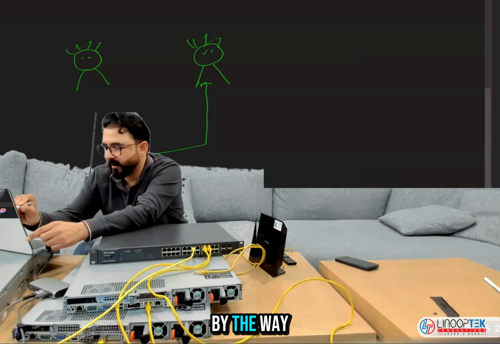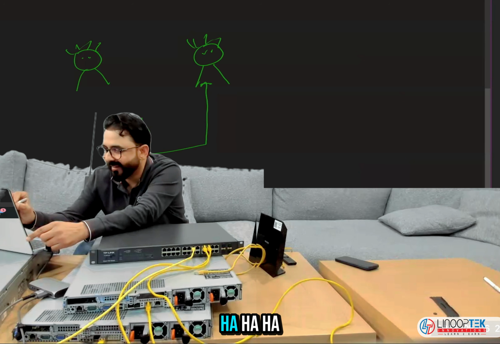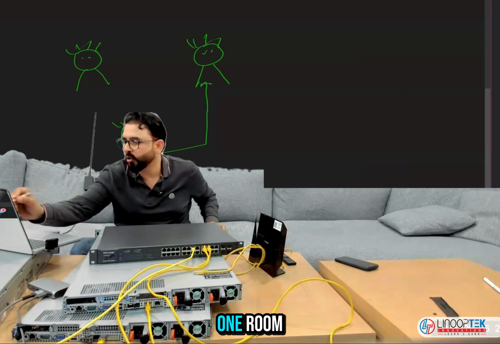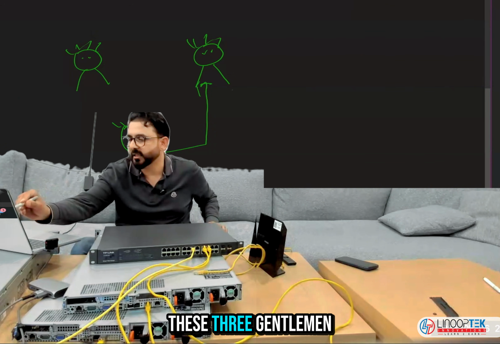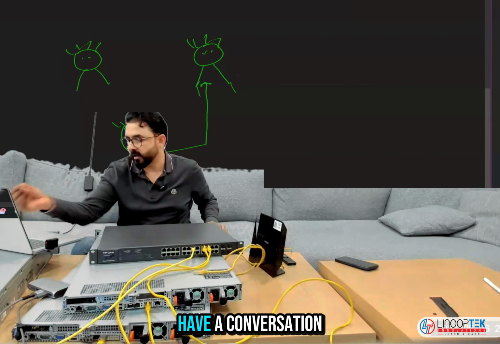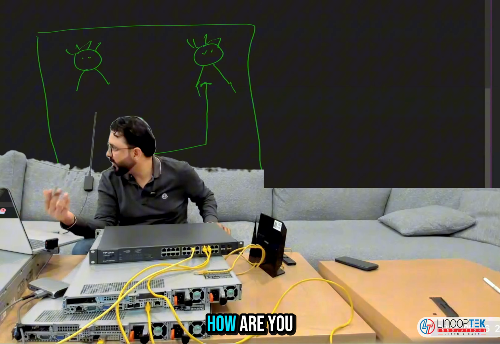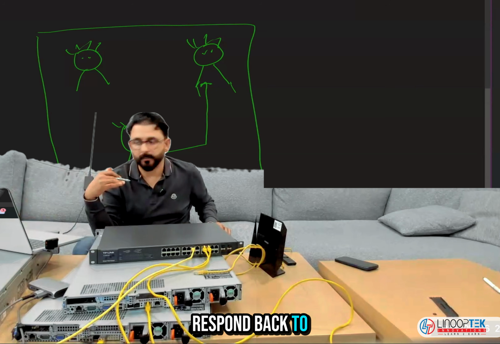They're cute guys, by the way. They're a little bit confused, but cute guys. Anyway, so I'm over here in one room and I have these 3 gentlemen that I want to have a conversation with. All I'm going to say is, hey, Khizr bhai, how are you? And he's going to respond back to me.